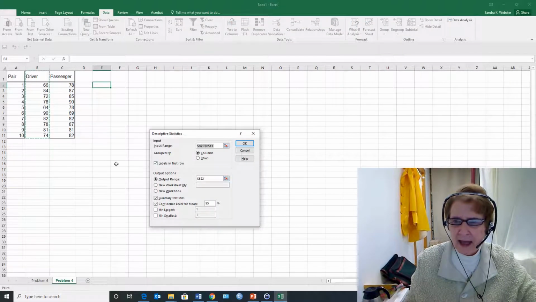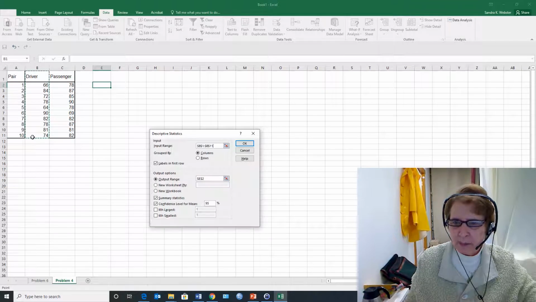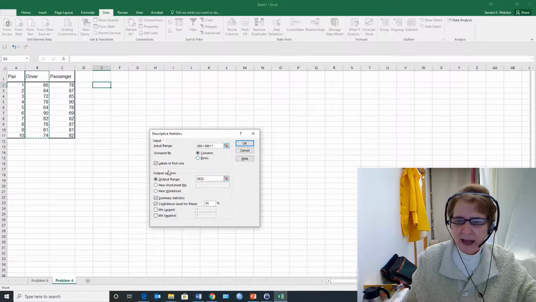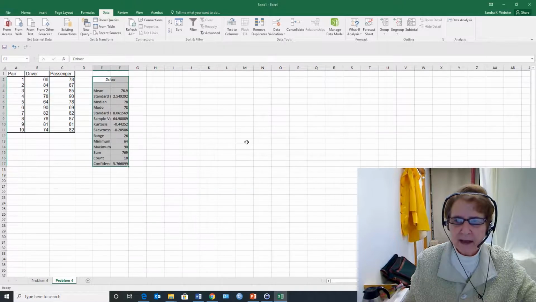Okay, and I first want it for the participants who were playing the role of driver. There are labels in the first row. The output range is over here in E2. And I'm going to ask for summary statistics and confidence levels for the mean. And I just say, okay. And then you get all of these statistics.